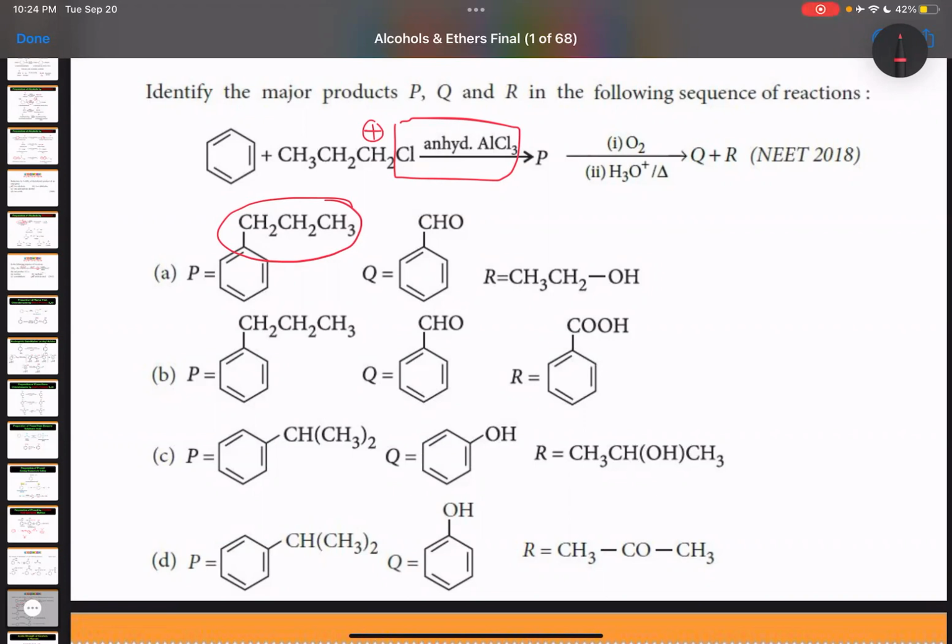If there is a possibility of rearrangement, then you shift the carbocation, because each shifting takes 10 to the power minus 6 seconds. So you have a primary carbocation, and the secondary is more stable, so it is going to get shifted.